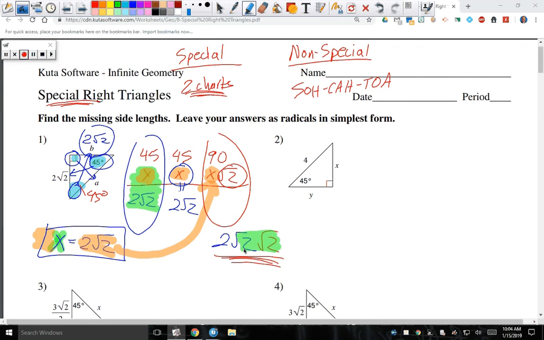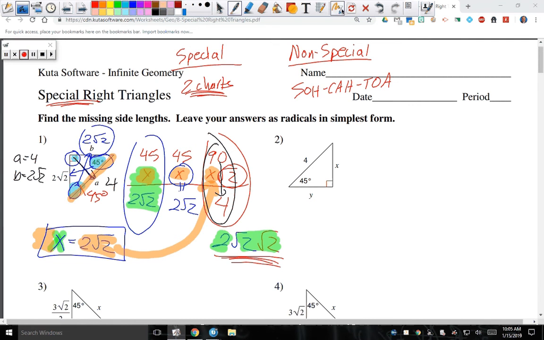So I get 2 times this 2, what should that be? Anyone? 4. So opposite from 90 degrees, whatever the length of the side is right here, we're going to say that it has a measure of 4. So how would you say it? You'd say a is equal to 4, b is equal to 2 root 2, and that's solving that per special right triangles. I'm going to do another example.